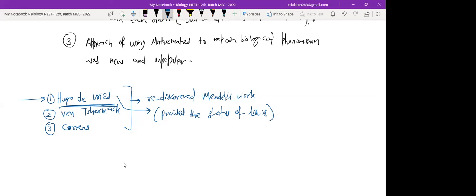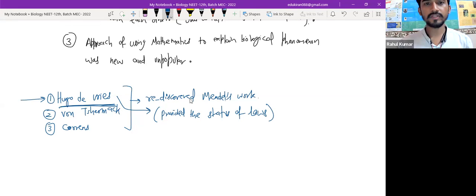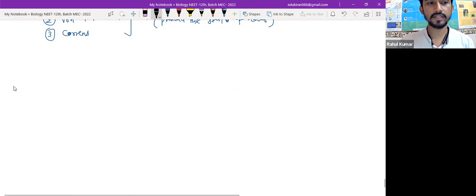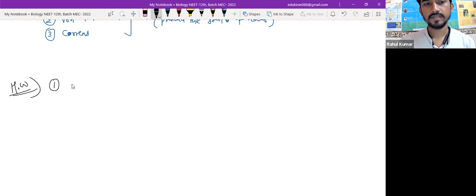And there is one more thing. So write down the homework before you come to the next class. You have to study 3 things and come. First, you have to revise meiosis. I'm not giving it again as homework, as meiosis will come multiple times. Then there is the chromosomal theory of inheritance.